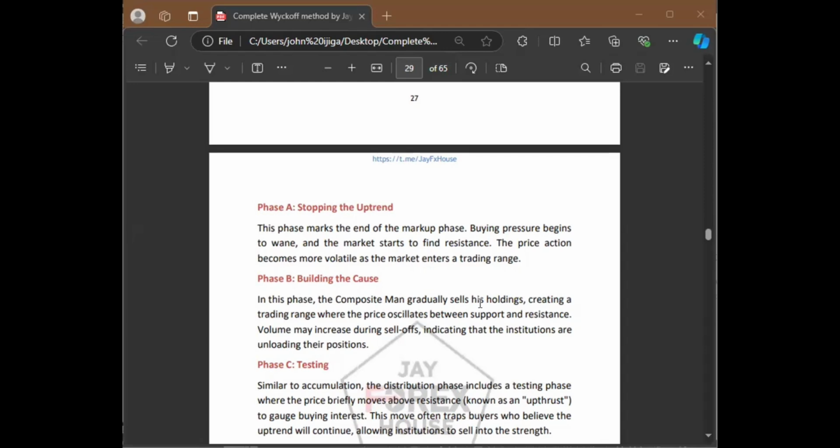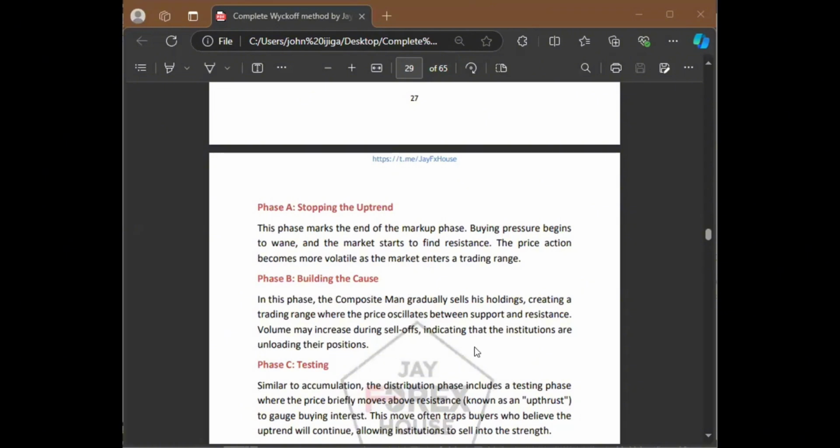The term composite man you see being used in the ebook is also referring to institutions, okay? So this is just another term which is mainly known to Wyckoff, right? The term institutions is what we use in smart money concepts, but in Wyckoff it's more like this. So it's still the same thing, just different terms.